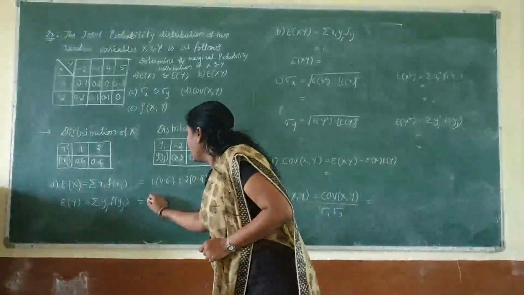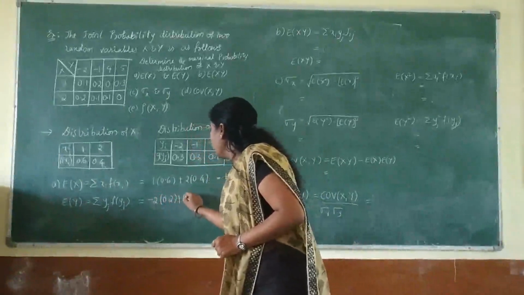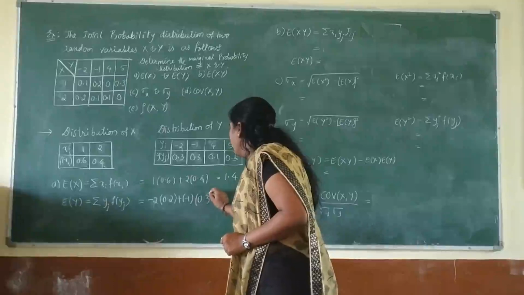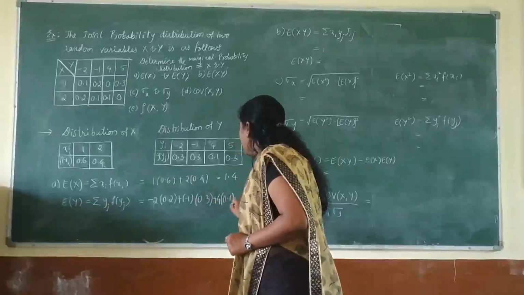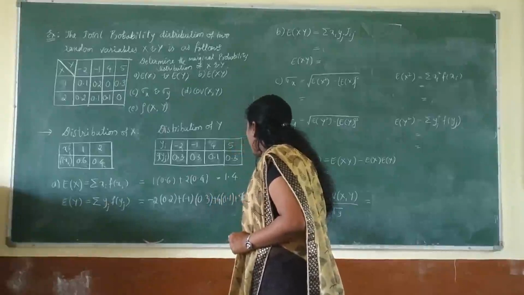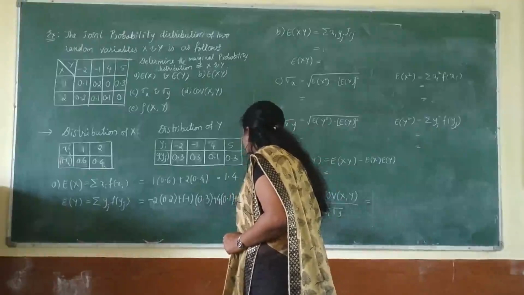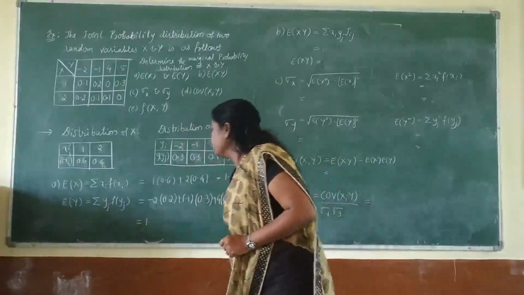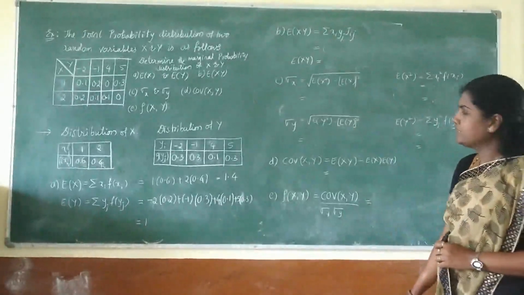That is -2 into 0.3 plus -1 into 0.3 plus 4 into 0.1 plus 5 into 0.3. After simplifying, expectation of y is 1.